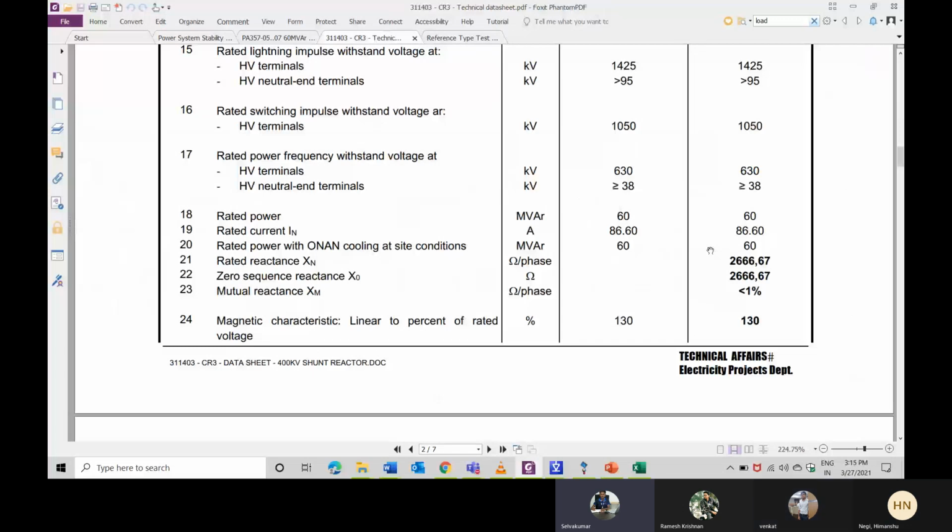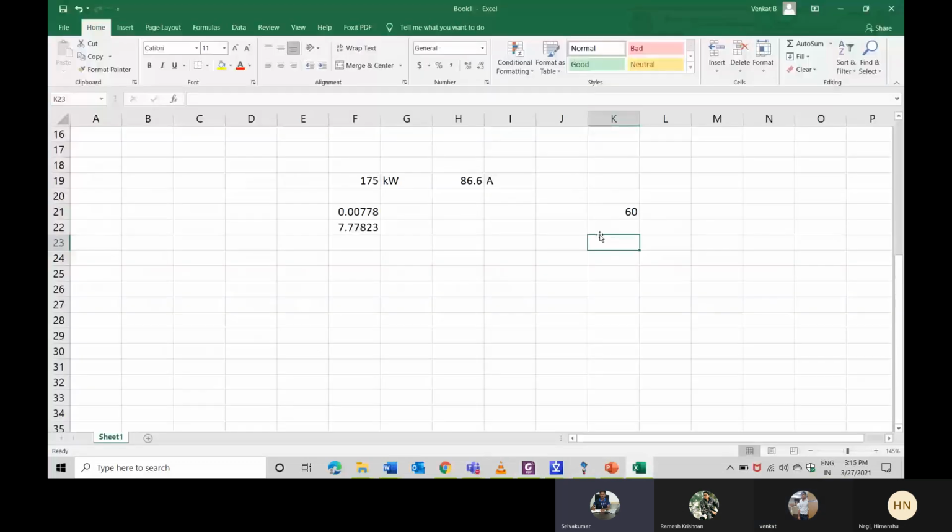Why I'm saying this is because you need to match it. Venkat, can you just try to match this 60 MVR with the rated voltage? Can you just find out the reactance, that is 2666 ohms? This is what you are asking. Yeah, 60 MVR.